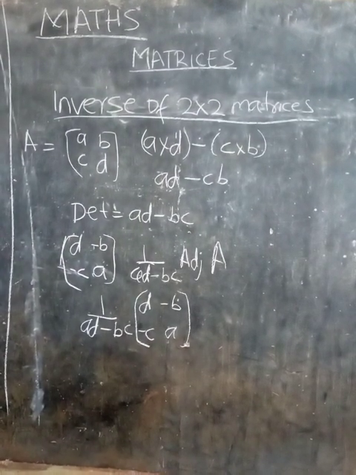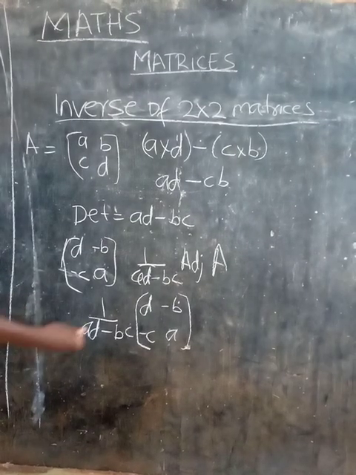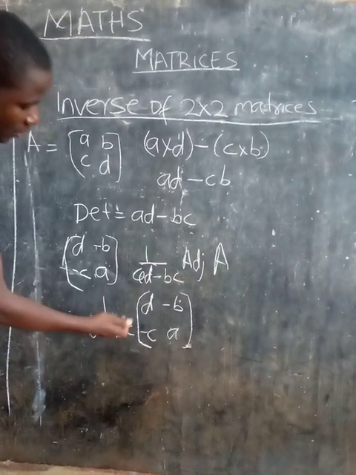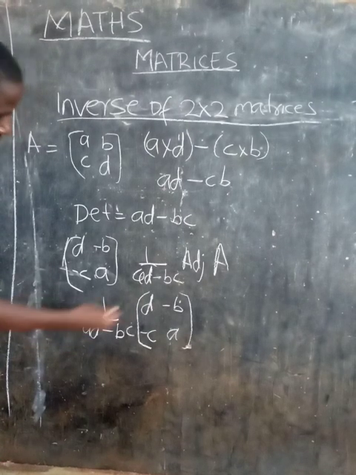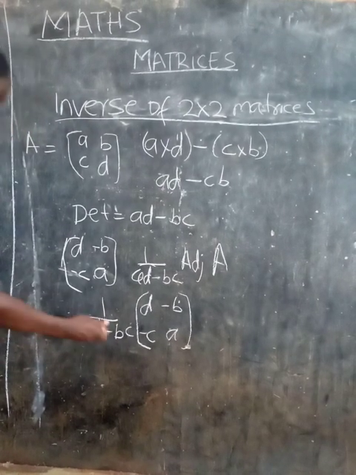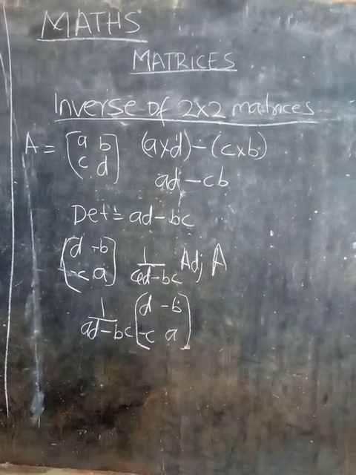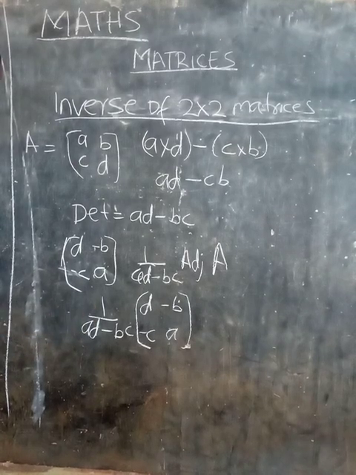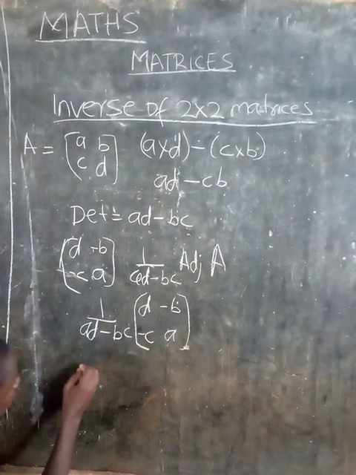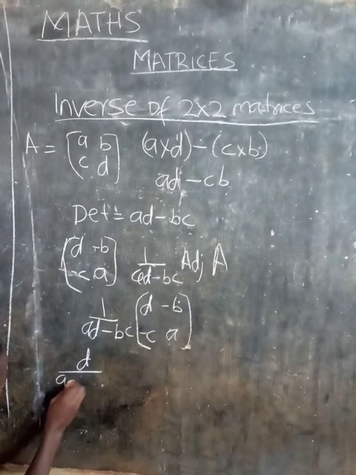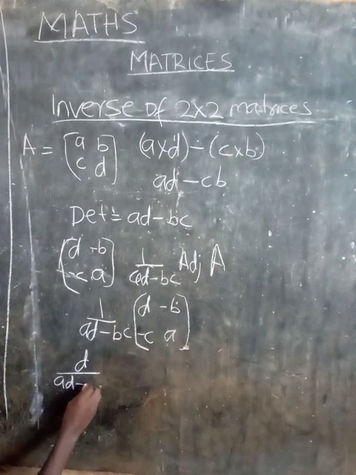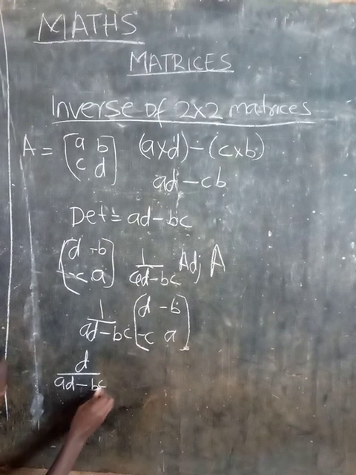So what do we get when we multiply D by 1 over AD minus BC? We get D over AD minus BC.